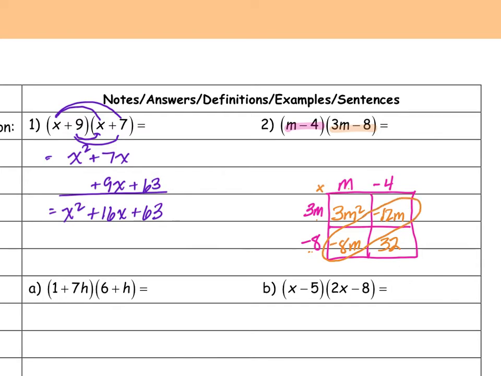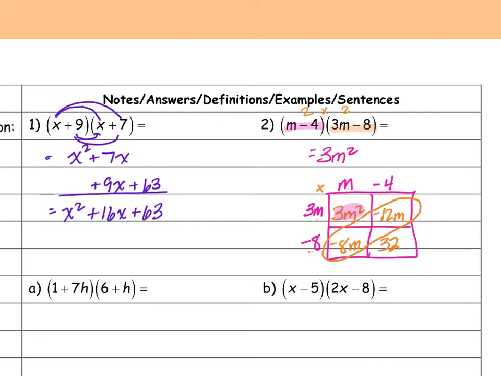And if I have, like this is a 2 by 2. If I have a 2 by 3 or 2 by 4 or 3 by 3, no matter what, my like terms are always on the diagonals. So now I'm just going to write out the answer. So I've got 3m squared.